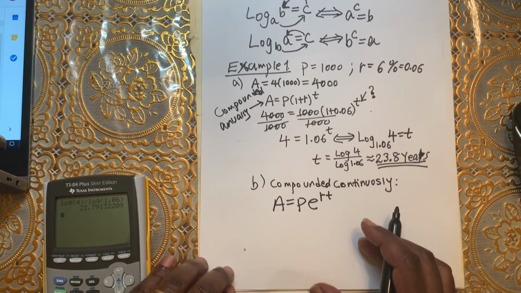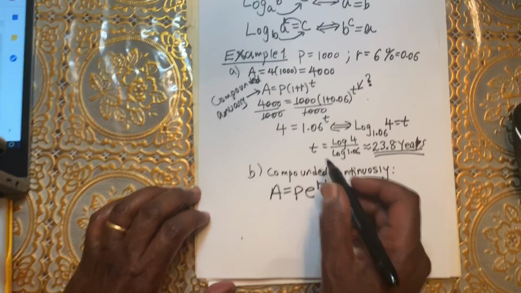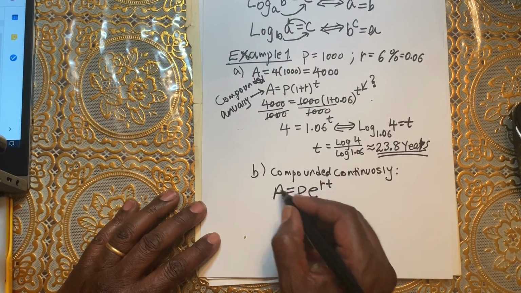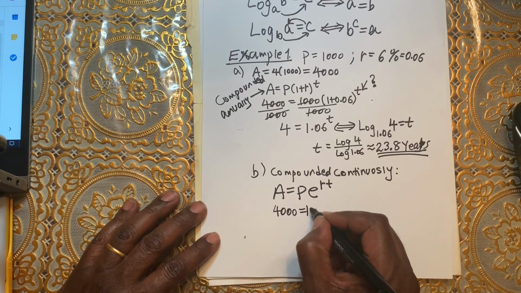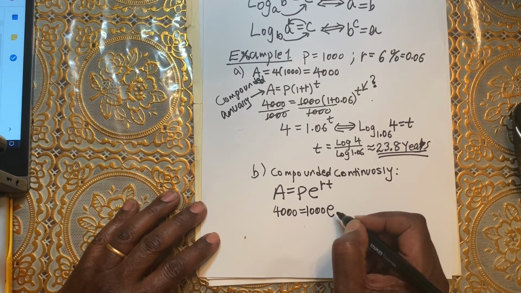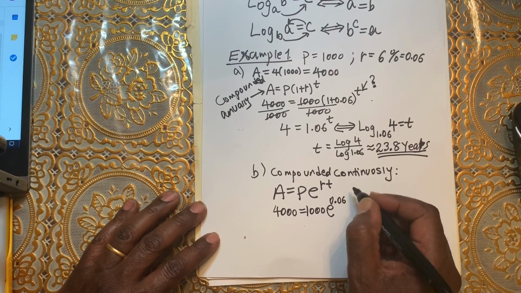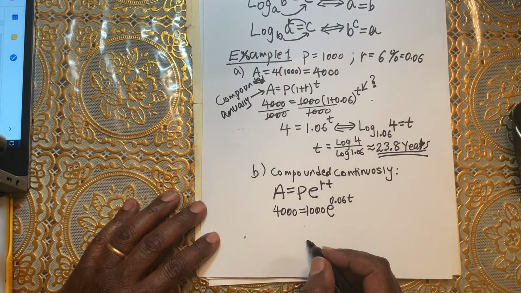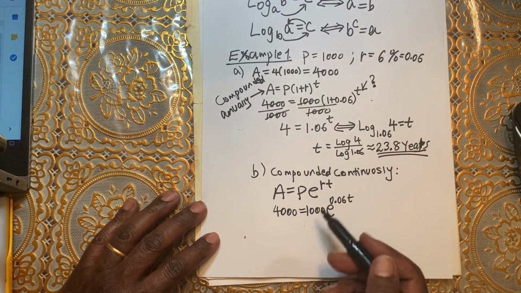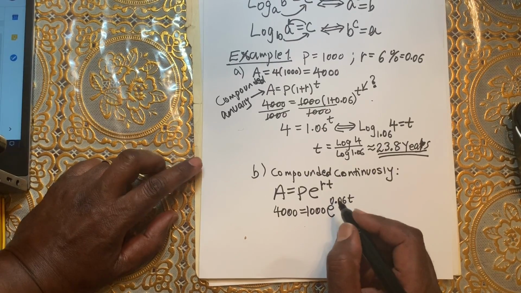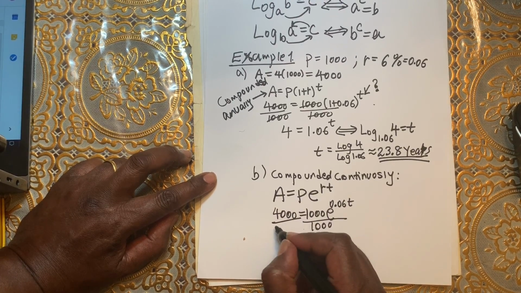The formula now changes. The procedure is the same. The final amount is 4,000. The initial amount was 1,000. e to the power of RT, R is 0.06, so 0.06T. The formula is completely different from when we are doing annual growth, but the other procedure is the same.